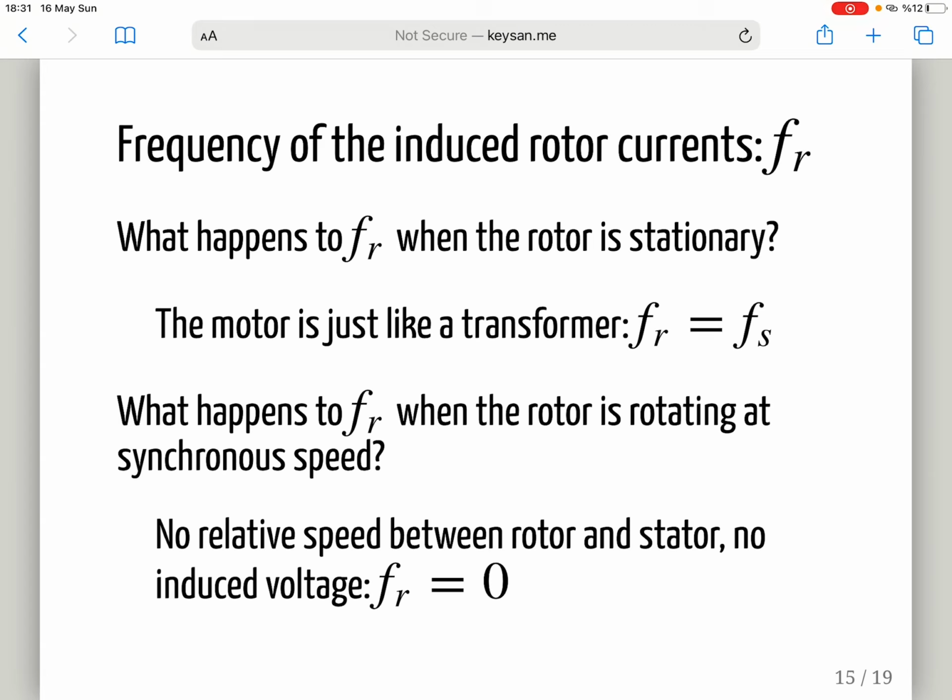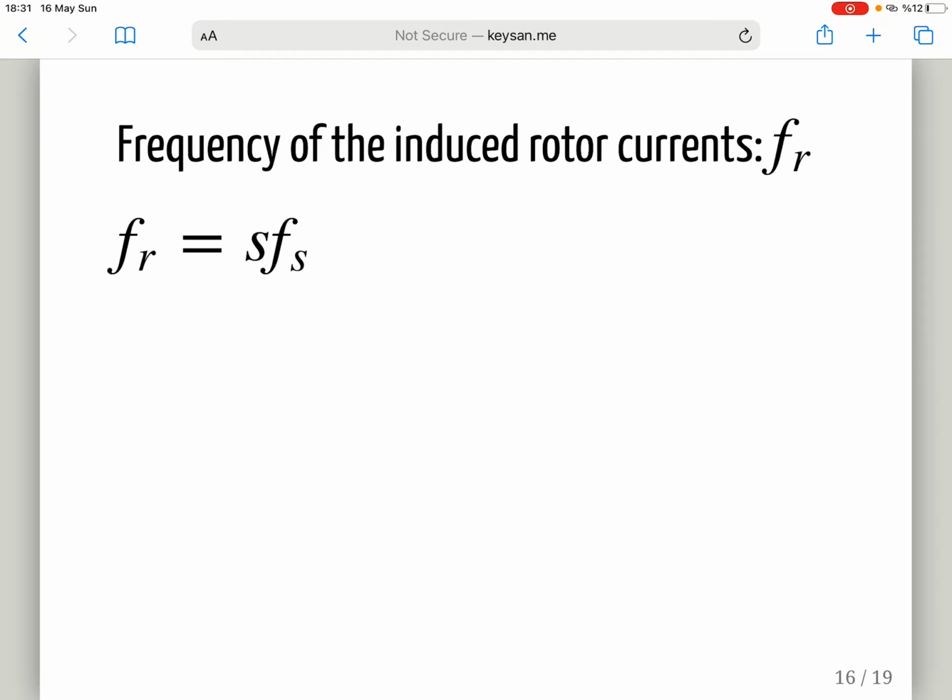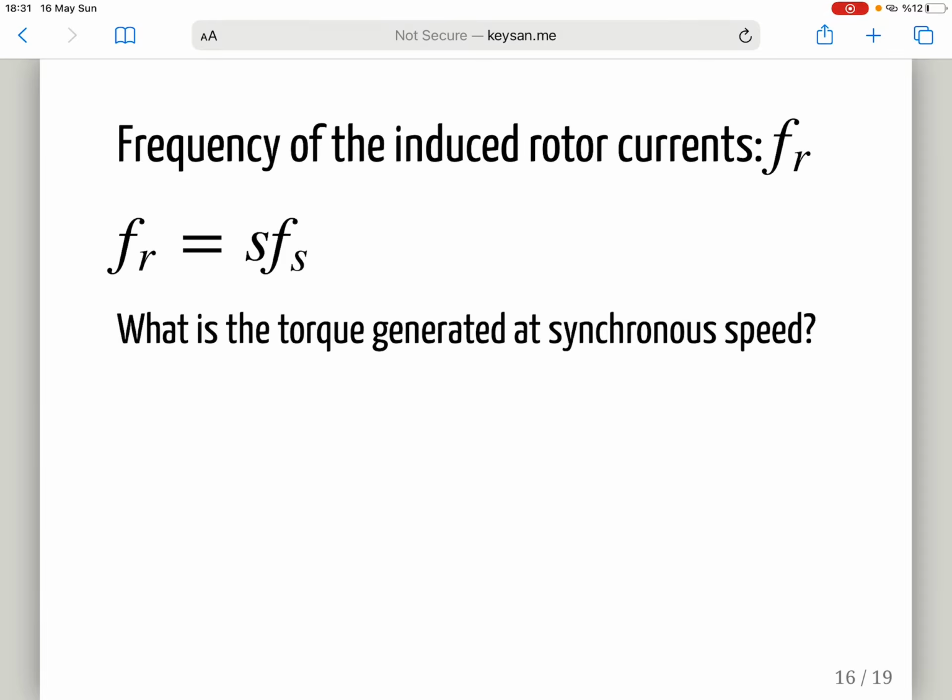Anyway, if your rotor is rotating at synchronous speed, you will have no relative speed between the rotor and stator, so there will be no induced voltages. Again we can write Fr, the frequency of the induced rotor currents, as S times the stator frequency.